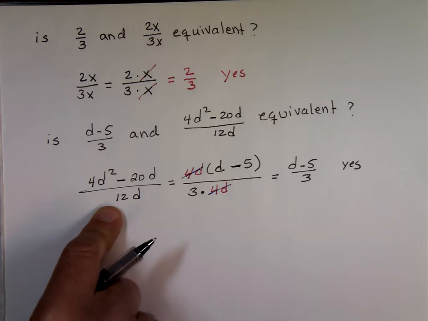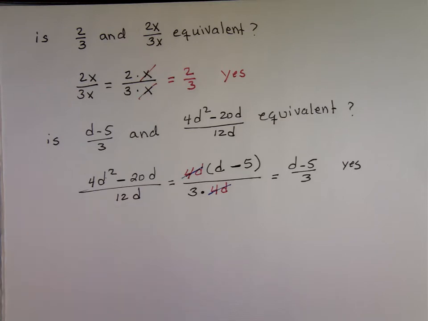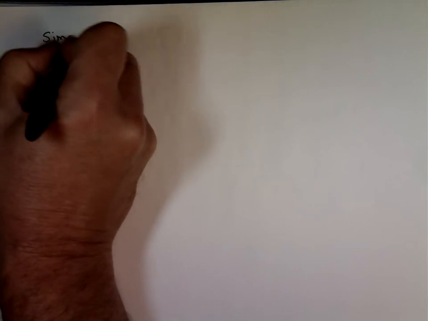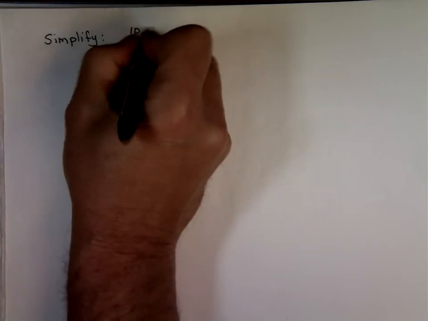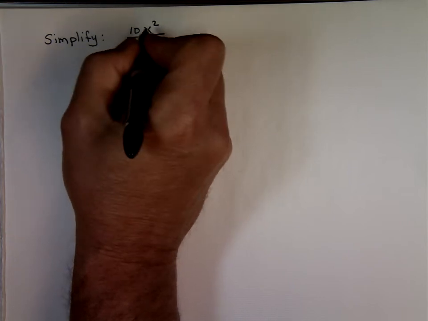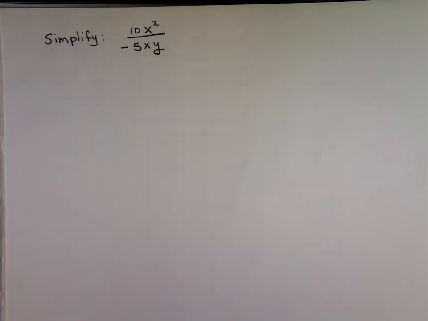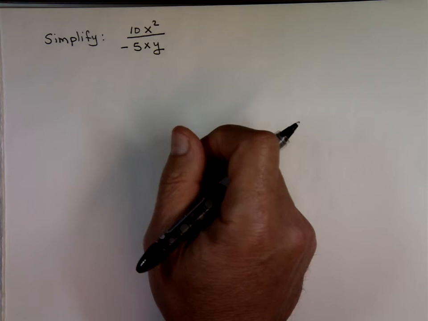So let me ask you to simplify a few of these problems. Go through them and see what the answer is. Simplify 10x squared over negative 5xy. Now the 10 and the 5.